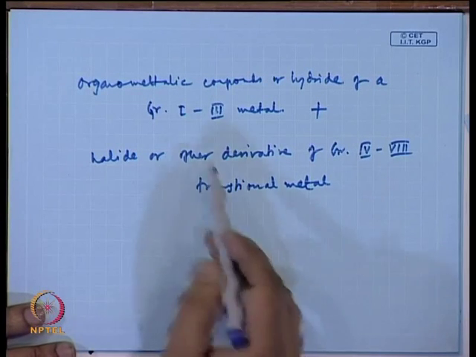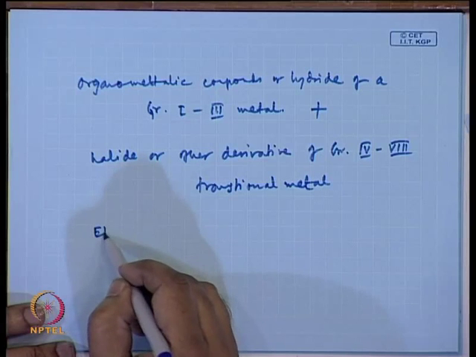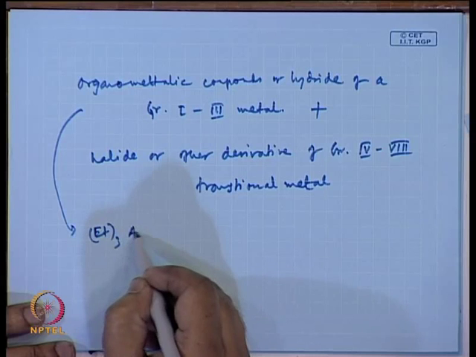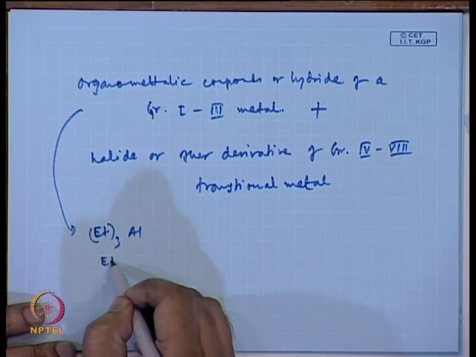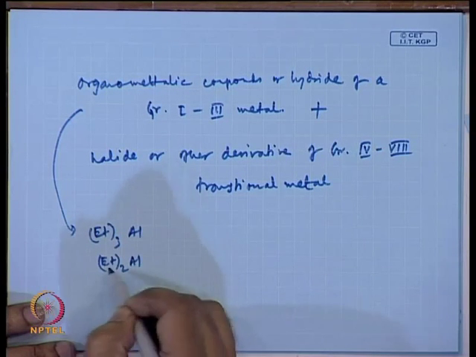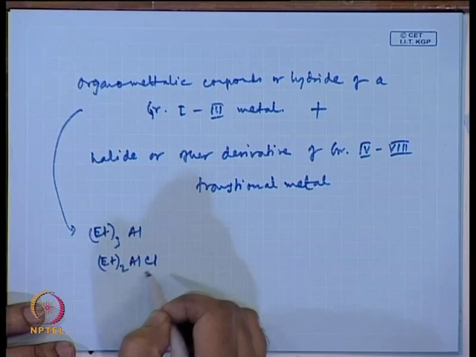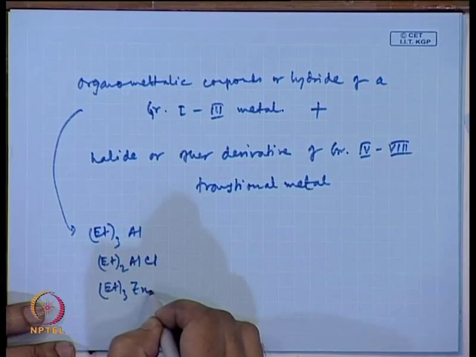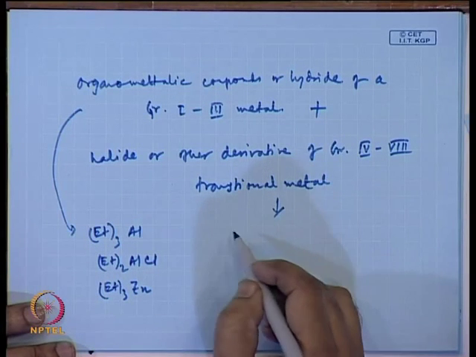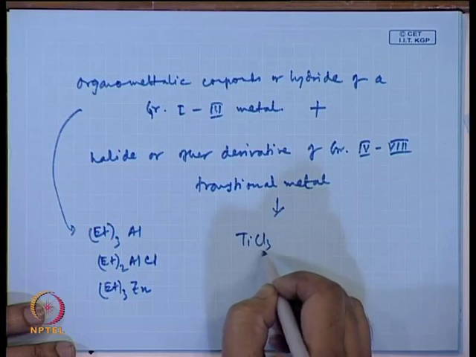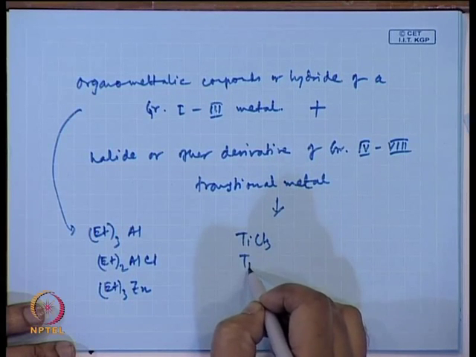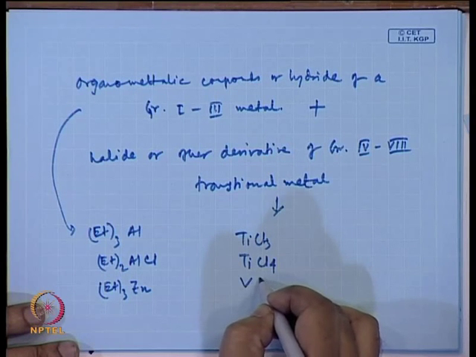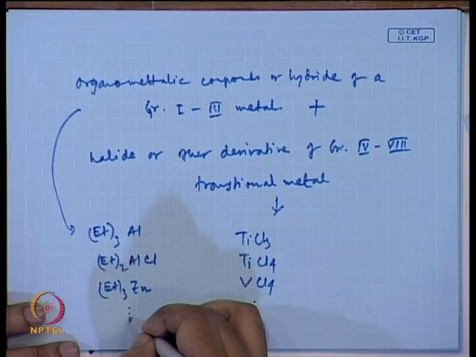For example, from this set we can choose triethyl aluminum, diethyl aluminum chloride or diethyl zinc, and from these we can mainly use titanium tetrachloride, trichloride, or vanadium chloride. We can use so many things.